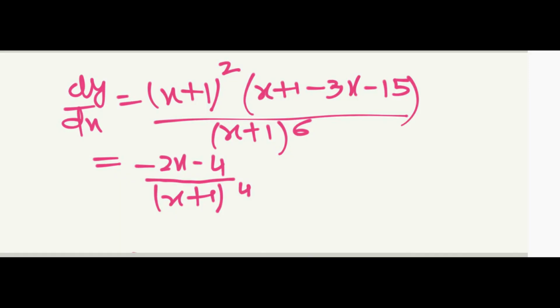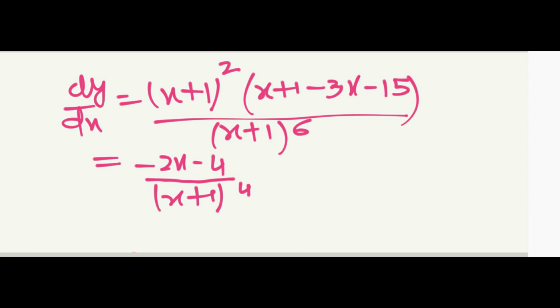So further solving, we get x plus 1 whole square into x plus 1 minus 3x minus 15. Now why minus 15? Because you remember outside it was minus, outside the bracket, so it becomes minus 15, upon x plus 1 raised to power 6.